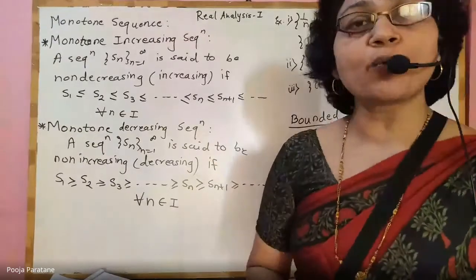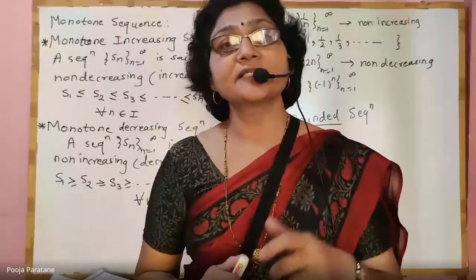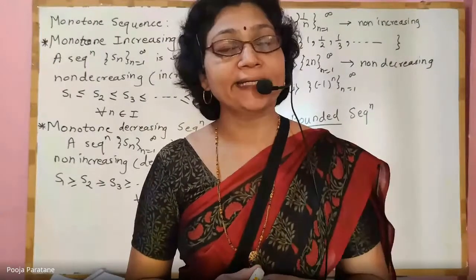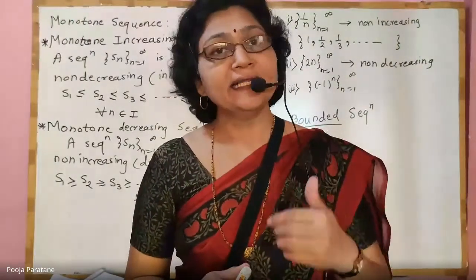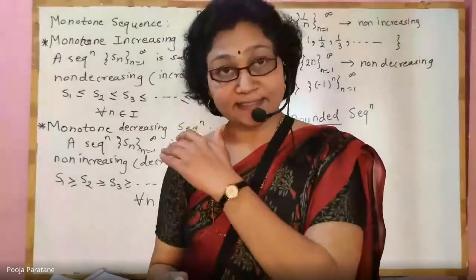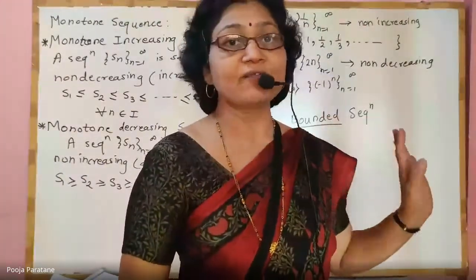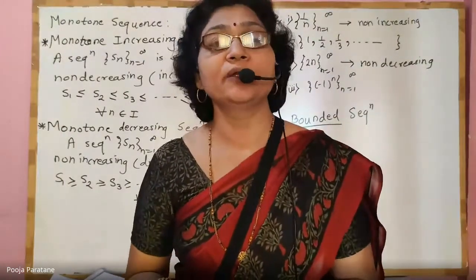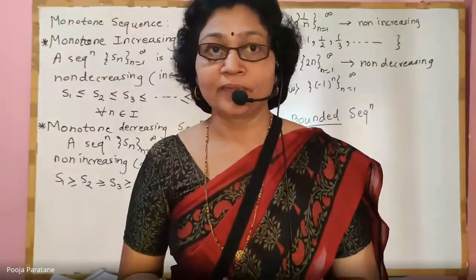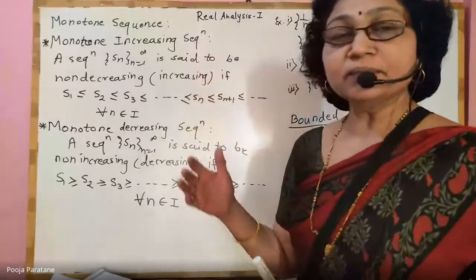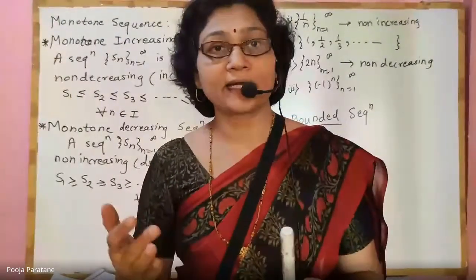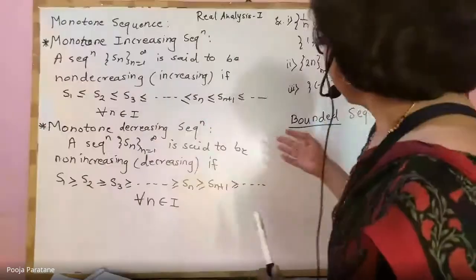For this, we need both. We have to check whether it is monotone, that is either non-decreasing or non-increasing. And secondly, as per that nature, whether it is increasing or decreasing, we have to check whether it is bounded below or bounded above, because some characteristics are obvious, as we will see.